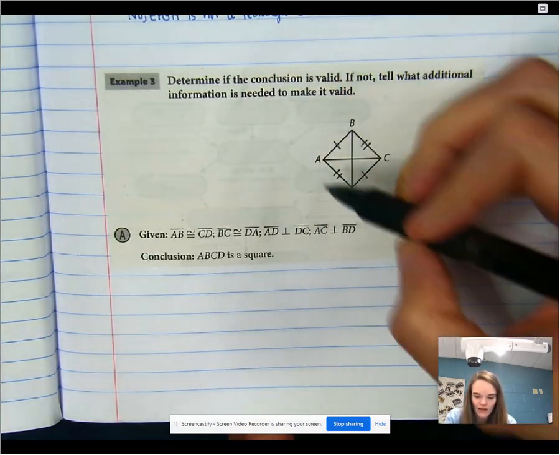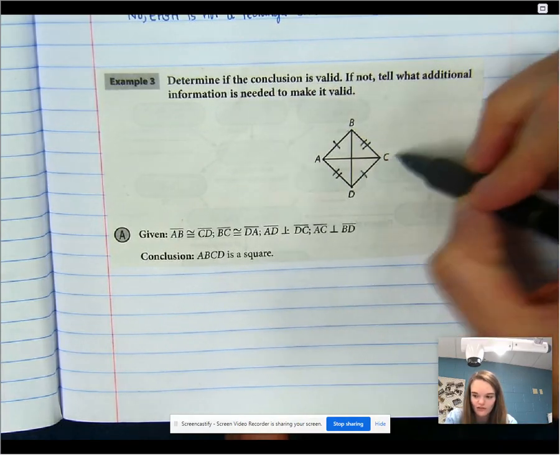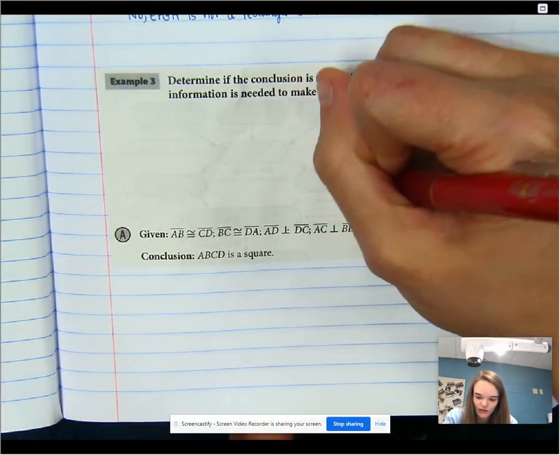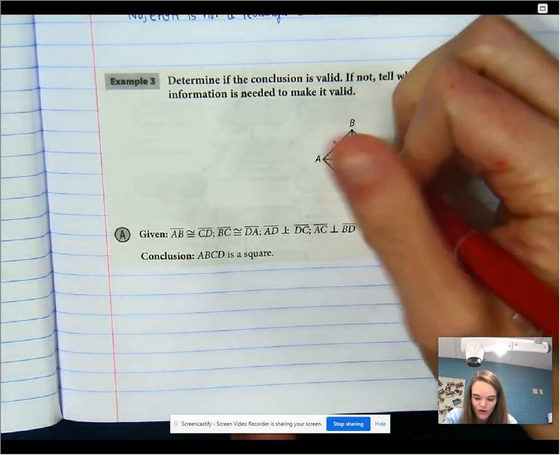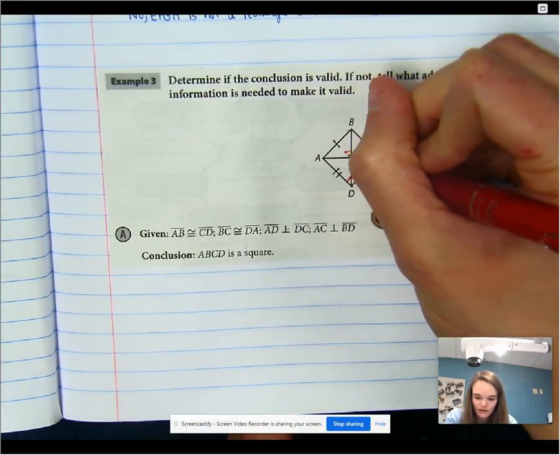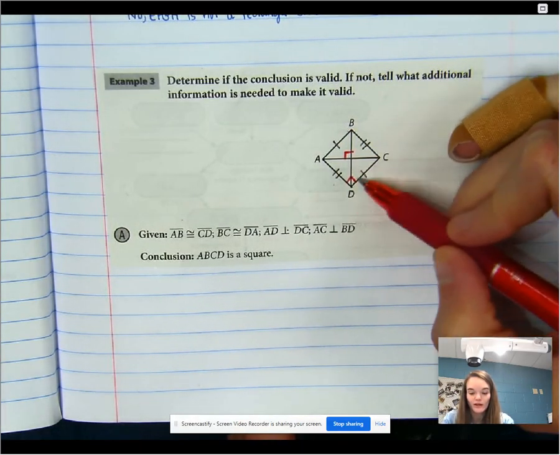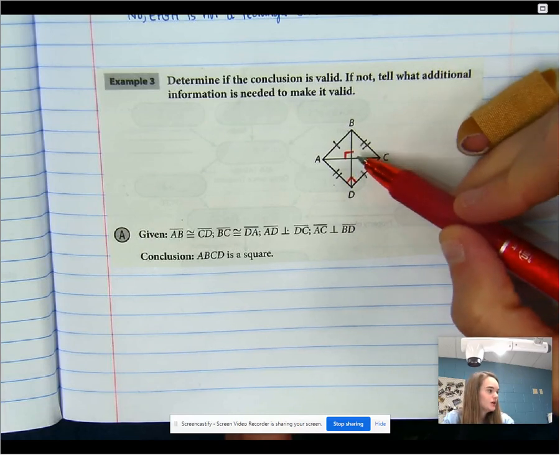AD is perpendicular to DC. That means there's a right angle right here. And AC is perpendicular to BD. So we got some opposite sides congruent. We have one right angle. We have diagonals that are perpendicular.